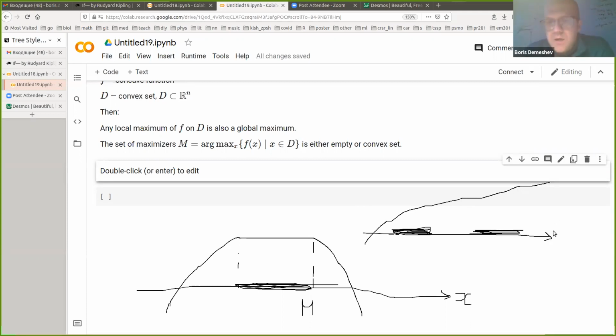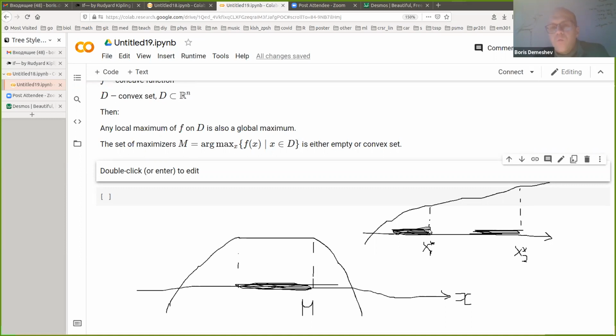So believe me, I have two local maxima here. The first local maximum is x star 1, and this is the second local maximum, x star 2.